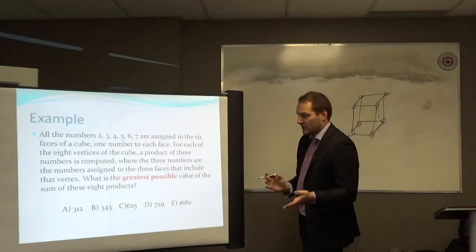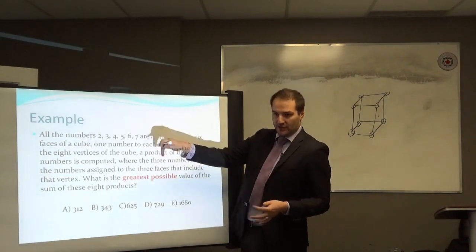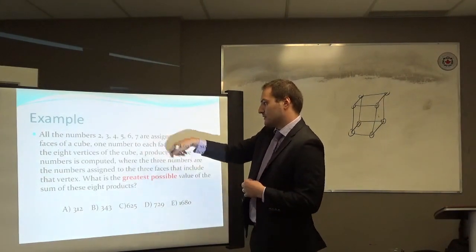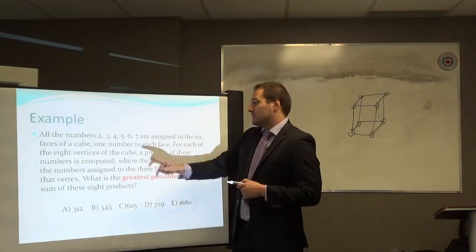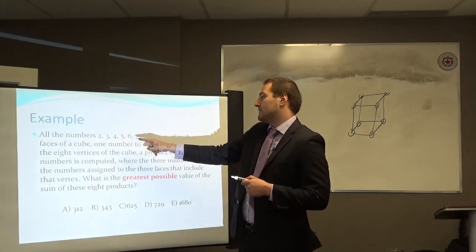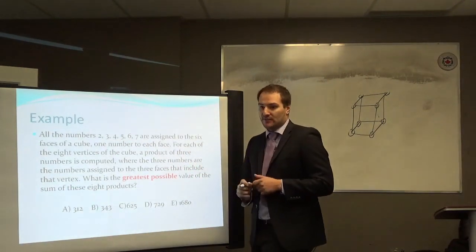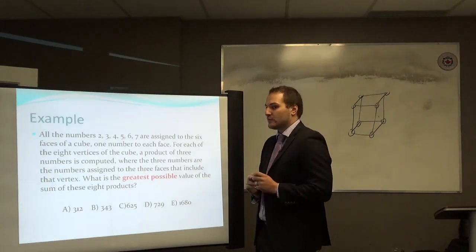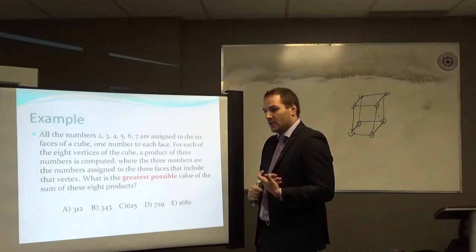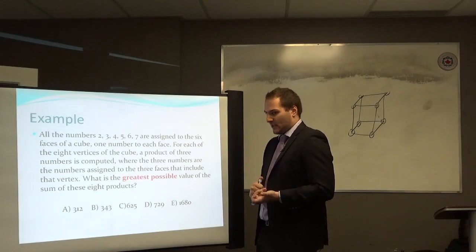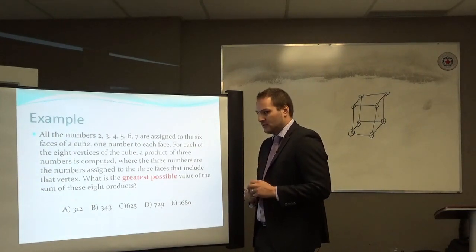Let's break the question down more. If this was my actual teaching, I'd scratch out the things so we could see it. The numbers 2, 3, 4, 5, 6, and 7 are assigned to the 6 faces of a cube. You have to have a good grasp of the language here, because do we assign the numbers more than once? They're really trying to trick you.